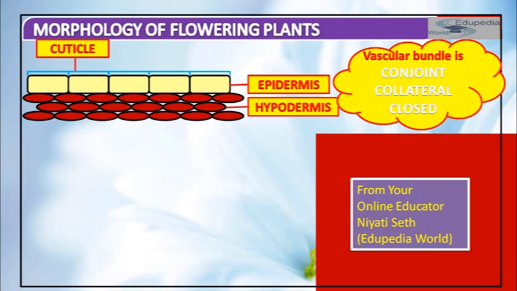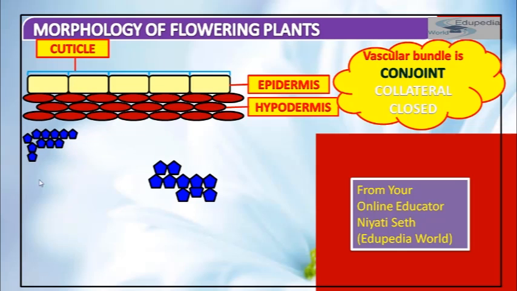Now, in monocot stem, it is seen that vascular bundles are conjoined, collateral and closed. I have already explained to you what is conjoined, collateral, closed, so please refer to my previous presentation for better understanding. See, this is conjoined.